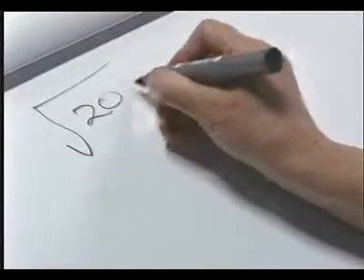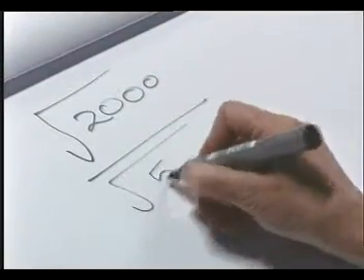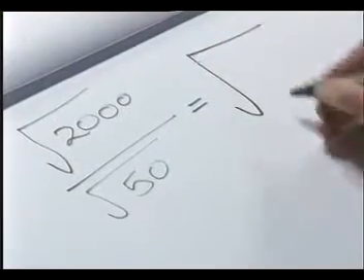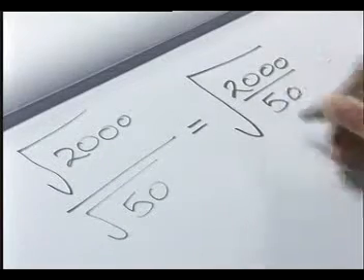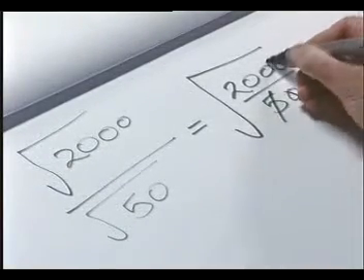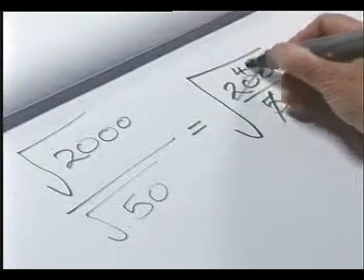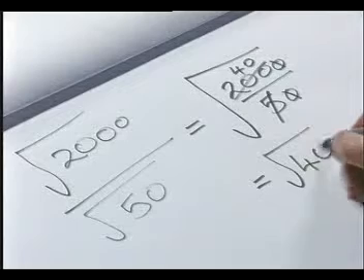What if we had a quotient involving square roots? What if we had the square root of 2000 divided by the square root of 50? Well, we use a similar rule to the way that we use the rule for multiplication. We can say that that is equal to the square root of 2000 divided by 50. We cancel down and we get that the answer is the square root of 40.